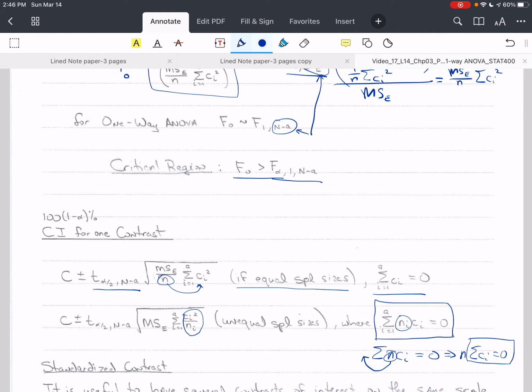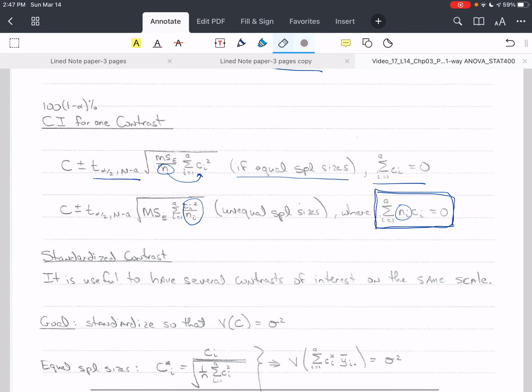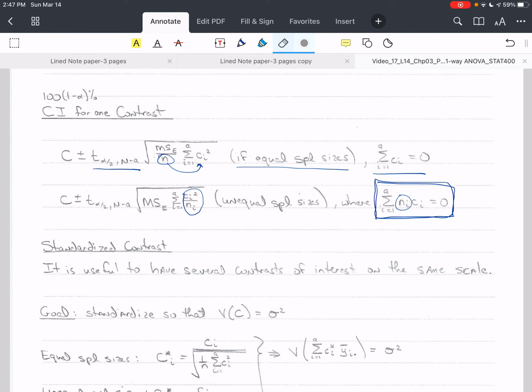So this is basically saying that the coefficients weighted by the sample size have to equal 0. Okay? Standardized contrast. It's useful to have several contrasts of interest be on the same scale, so have the same variance.